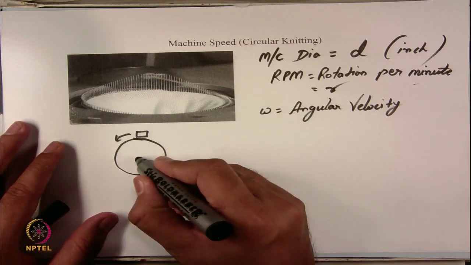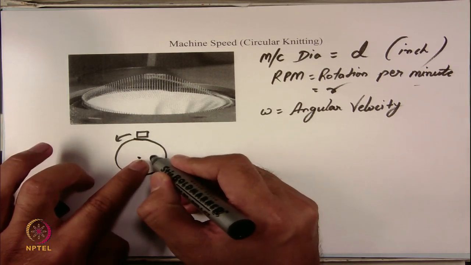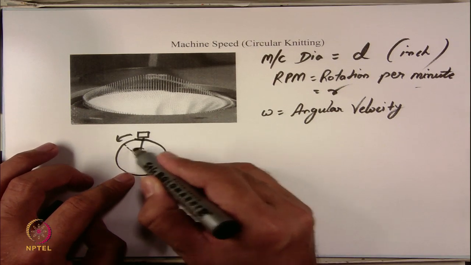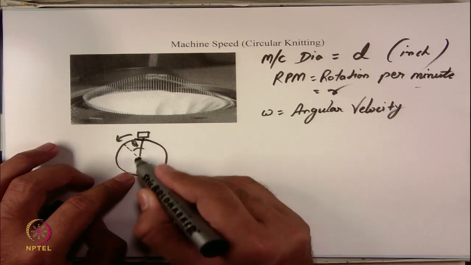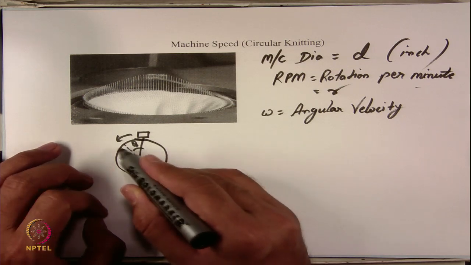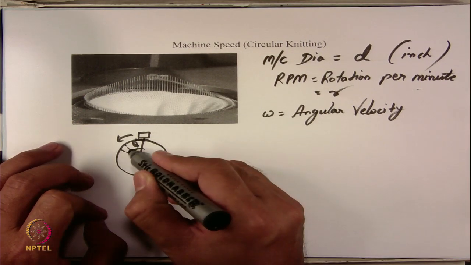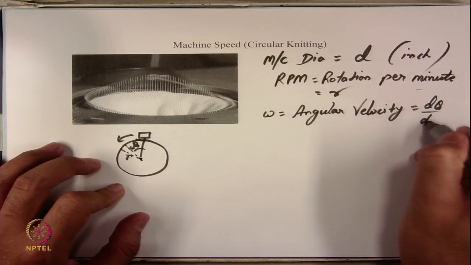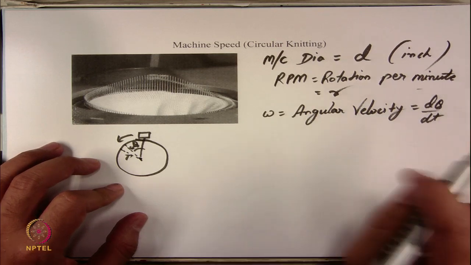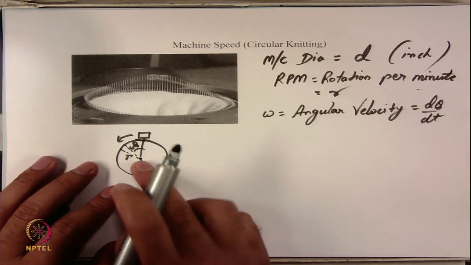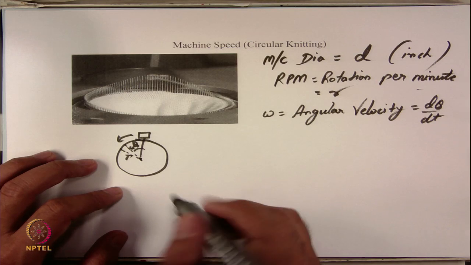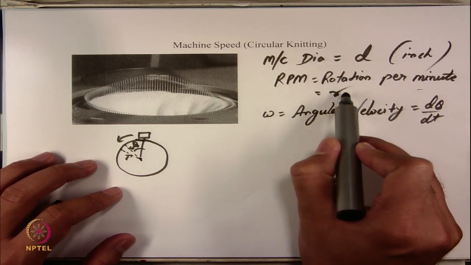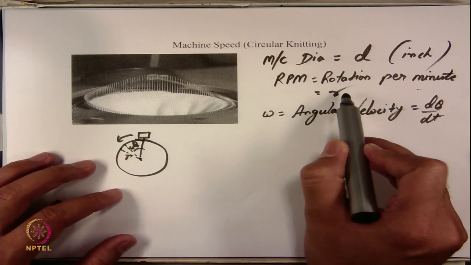If you sit somewhere at the center and the carrier is moving, then every second the carrier will be changing theta. So, the angular rotation is d theta by dt, the rate of change of theta. That is angular velocity, and this angular velocity and R are connected.